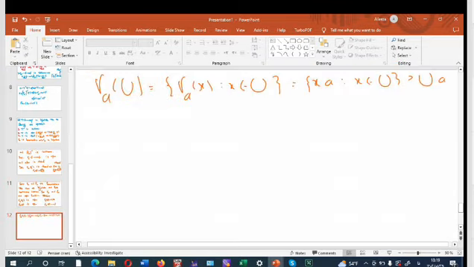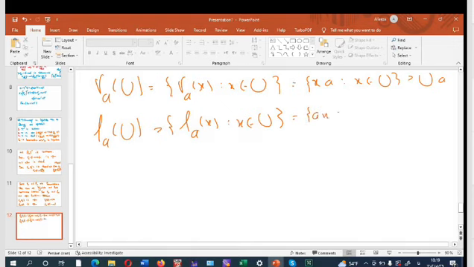Similarly, L_a of U equals the set of all L_a of x such that x belongs to U, and this is equal to the set of all ax such that x belongs to U, and this is equal to aU.